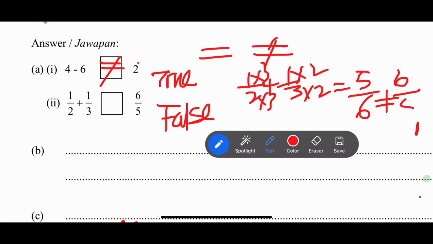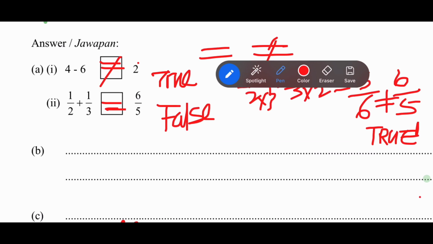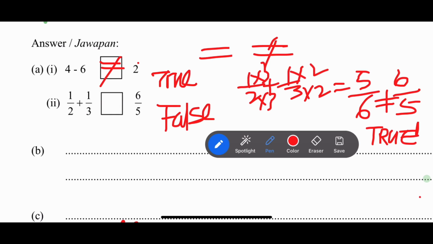So 5 over 6 is not equal to 6 over 5 is a true statement. In order to make it a false statement, we need to write equal. Be careful when you do this. That means 5 over 6 equal to 6 over 5 is a false statement.